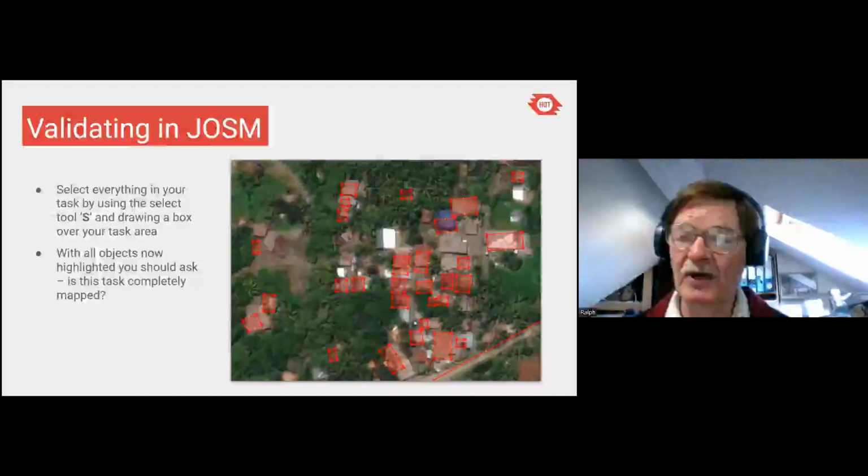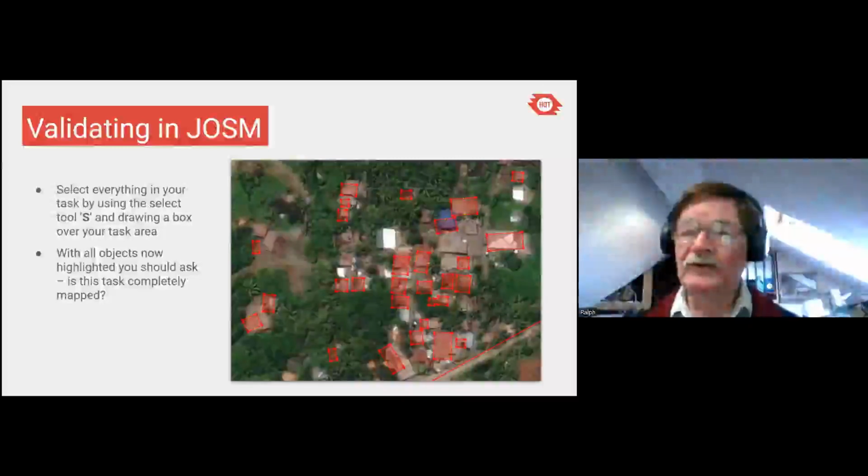If there are still a lot of items that need mapping, then you invalidate the task and you tag the person who marked the task as complete and tell them that there's still a lot of buildings or roads or whatever it is missing from the task, and would they please complete the task and resubmit it for validation.